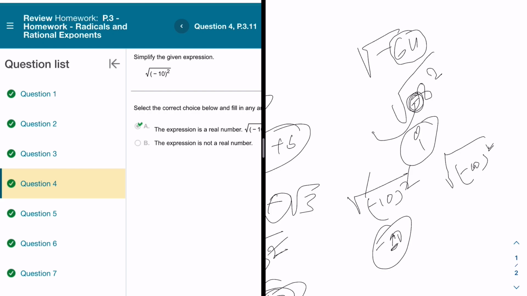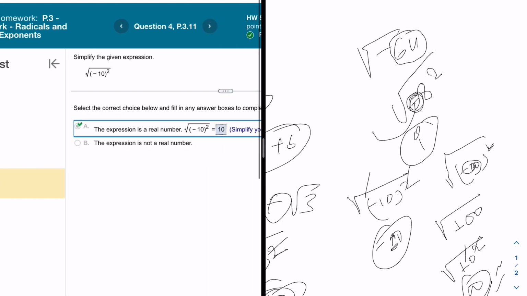First they will solve the bracket, so minus 10 squared is a positive number, which is 100, and then what's the root of 100? It's like 10 squared, so this will cancel, so the answer is 10. So actually the correct answer is 10. That's why I have given 10. Okay, got it?